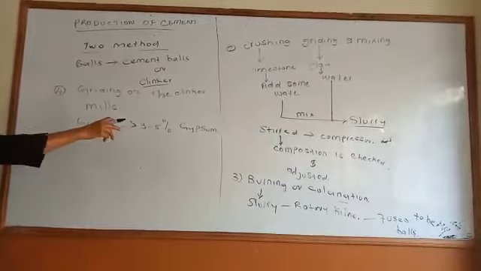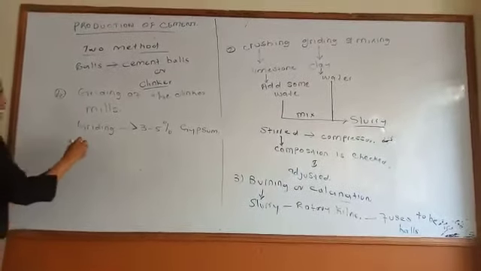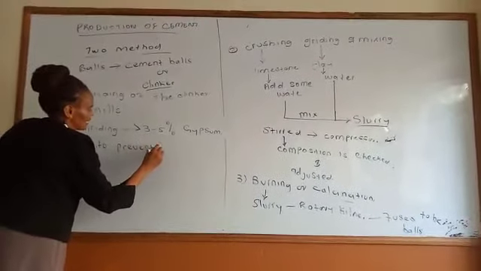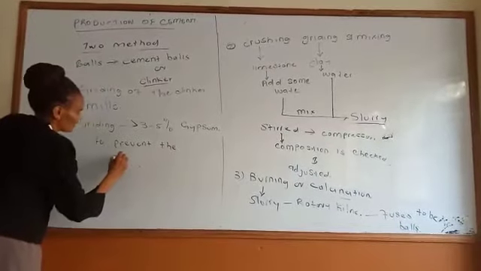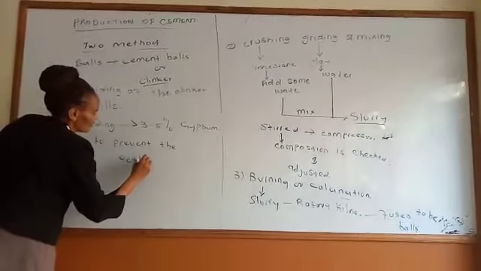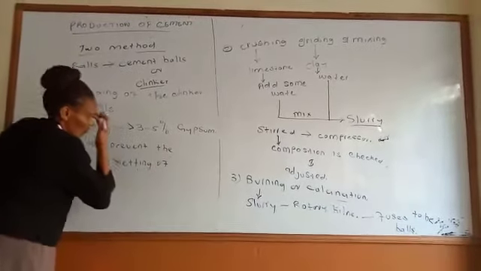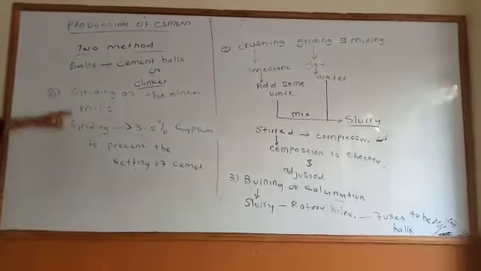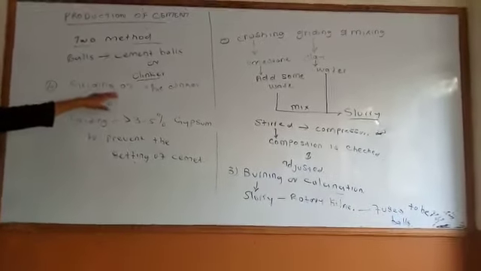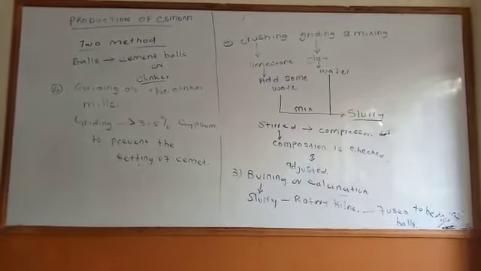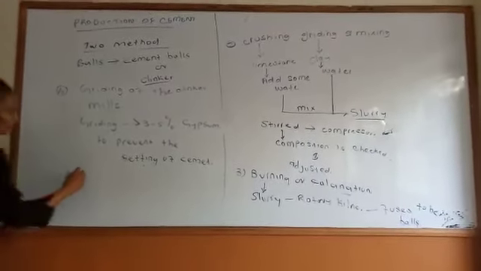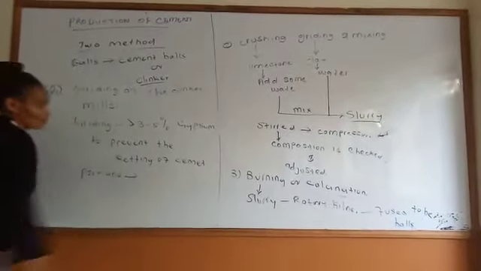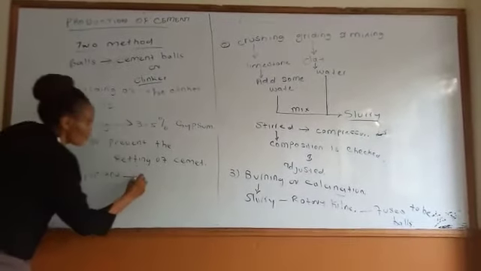The reason why we introduce the gypsum is to prevent the quick setting of the cement. After this step, what we end up with is what we call the Portland cement, which is the common gray cement.